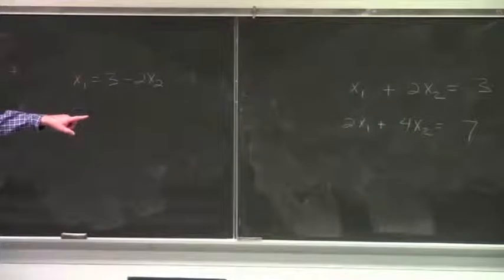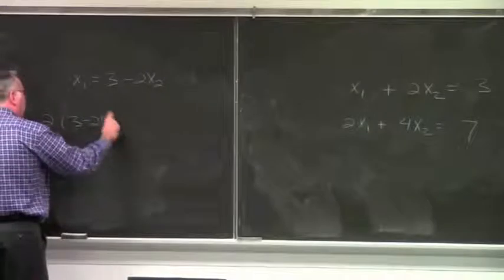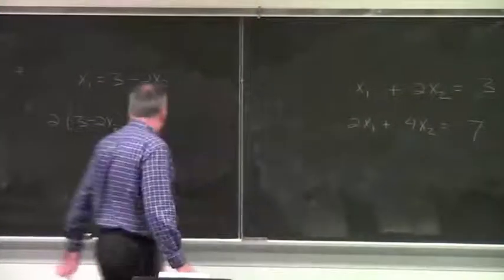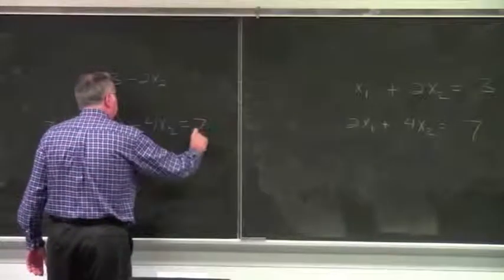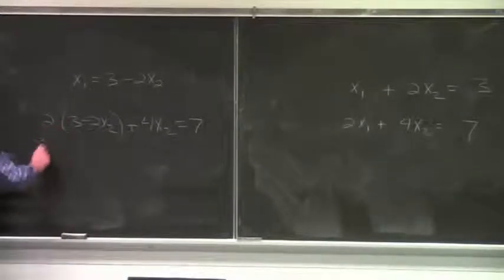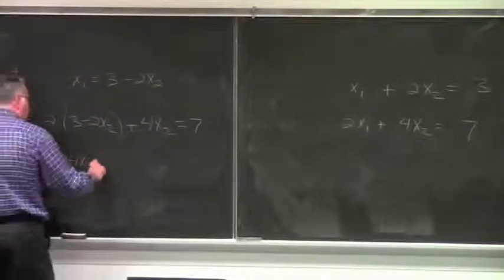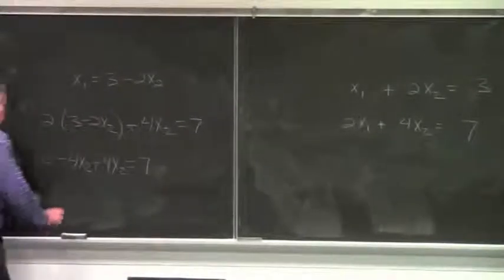Substitute into that x1 in the second equation: 3 minus 2x2. We're just substituting for x1 in this equation right here. Plus 4x2 equals 7. Now we have one equation in one variable, x2. So let's try to solve this. We would get 6 minus 4x2 plus 4x2 equals 7, or we get 6 equals 7.